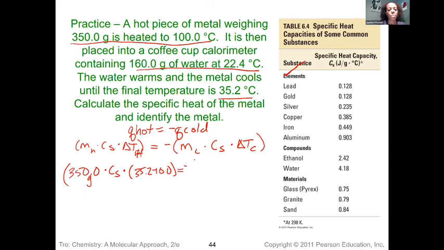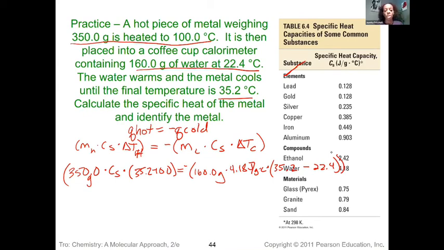So that's equal to, but opposite, the mass of the cold object, which in this case is the water, times the specific heat of water, which is 4.18 joules per gram per Celsius, times, in this case here, we would say that the final is, again, 35.2 minus 22.4, which is the initial temperature for the cold object.